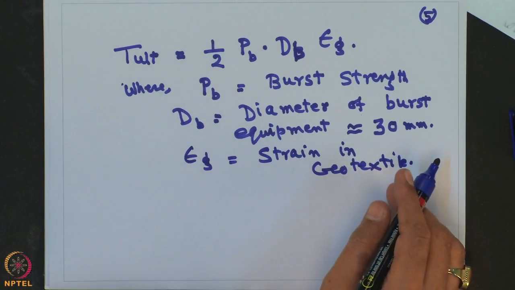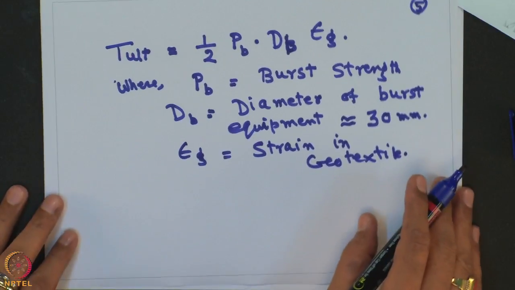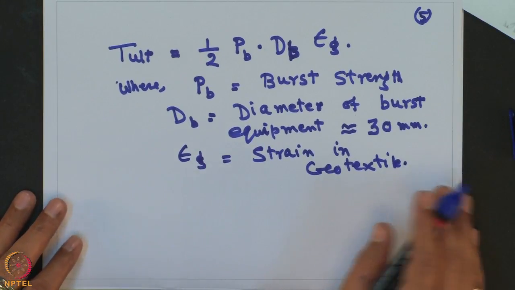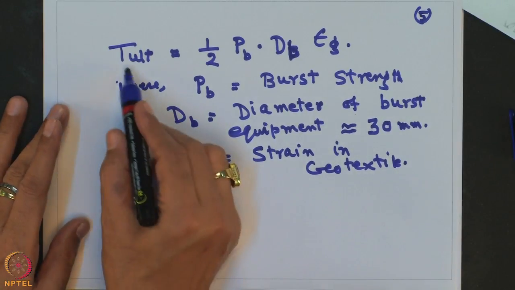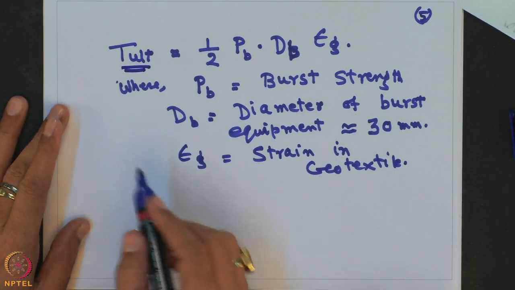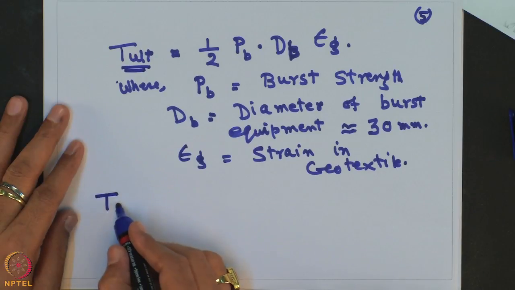So, you know what the ultimate strain is. You have to determine what the allowable is. So, this is the ultimate, and you can determine T allowable.